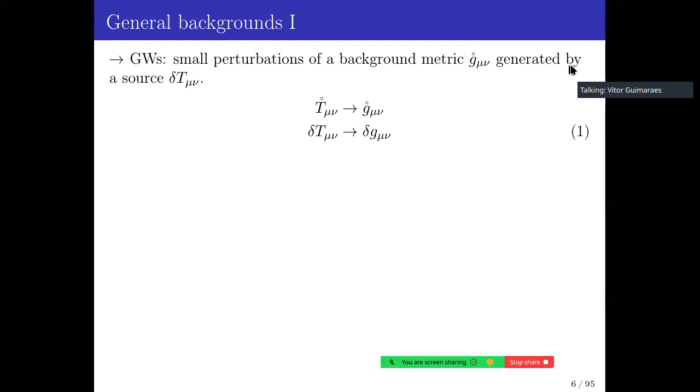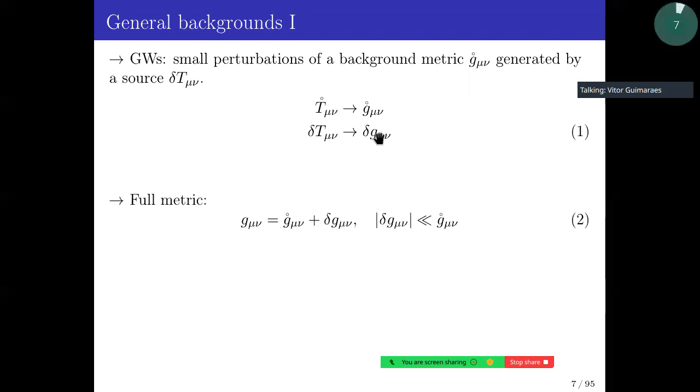And this small perturbation will be generated by some source, which is this delta T mu nu. T mu nu ring here, T mu nu dot, if you prefer. This is the source of curvature for the background metric, and this delta T will be the source of the small perturbation. So the full metric is G mu nu.